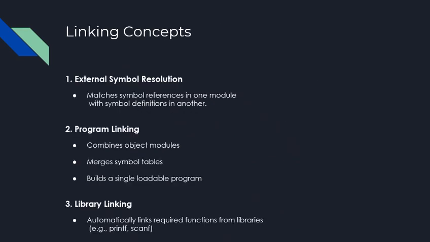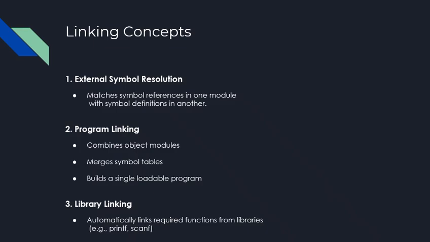Now let's see the linking concepts. Linking involves three key ideas. The first one is external symbol resolution. This means that the linker matches symbols like functions or variables used in one file with their definitions in another. Second is program linking. Here, multiple object modules are merged and symbol tables are combined, and the linker produces a single final program.